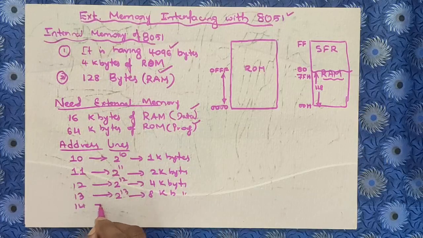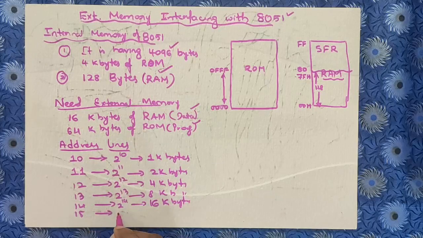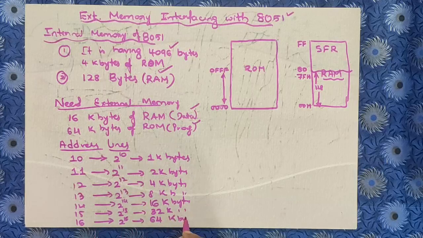Similarly, 14 lines, 2 raised to 14, that is 16 kilobytes. 15 lines, 2 raised to 15, that is 32 kilobytes. 16 lines, 2 raised to 16, that is 64 kilobytes of memory you can interface.